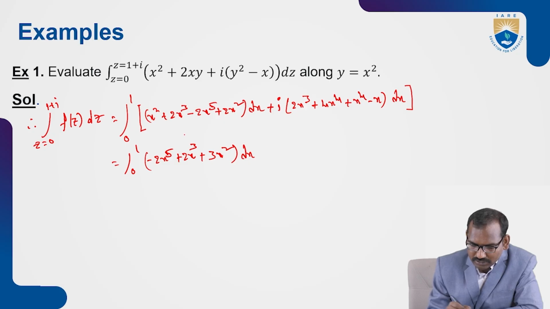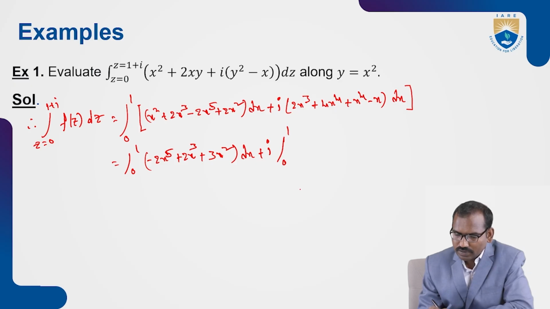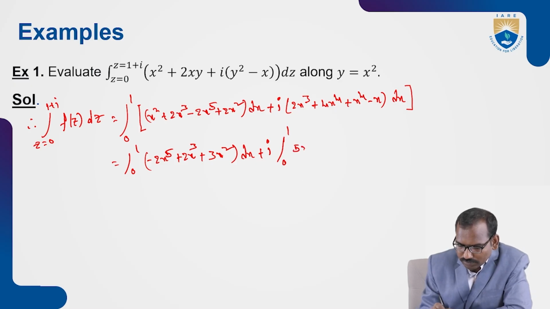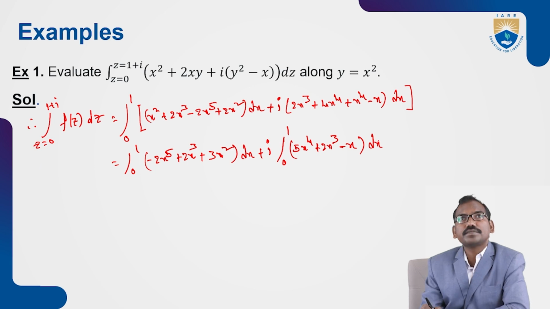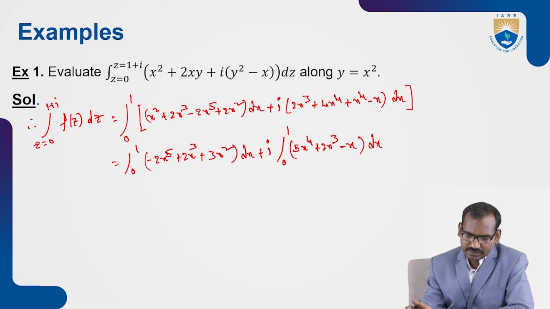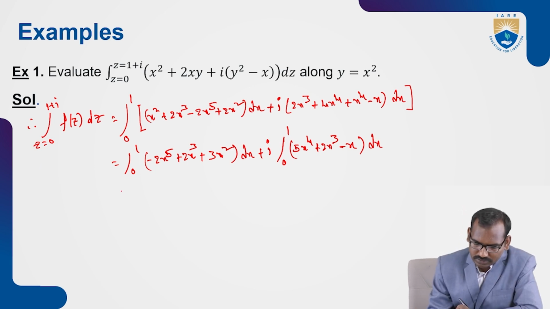Now I am splitting this integral: imaginary part, integration from 0 to 1, here it is 5x to the power 4 plus 2x cube minus x dx. So we will perform integration now.